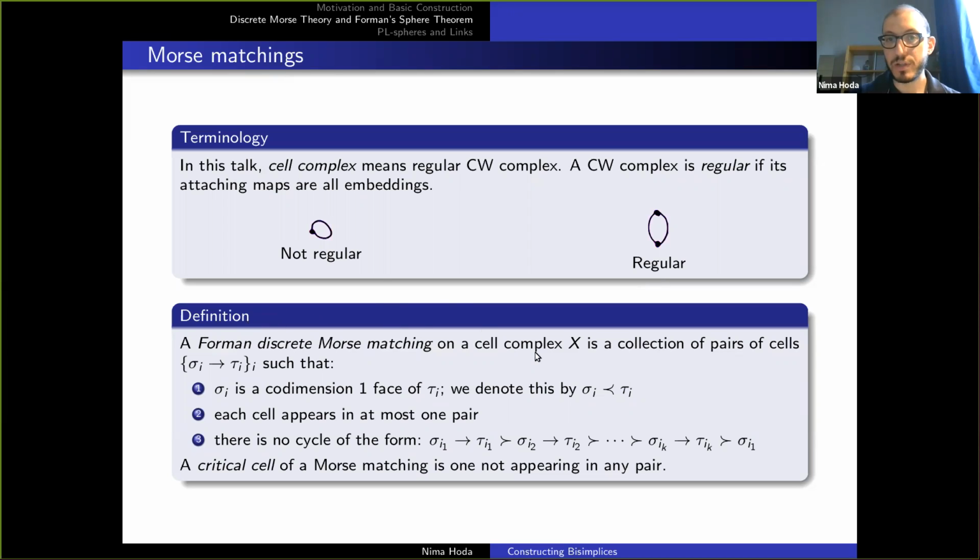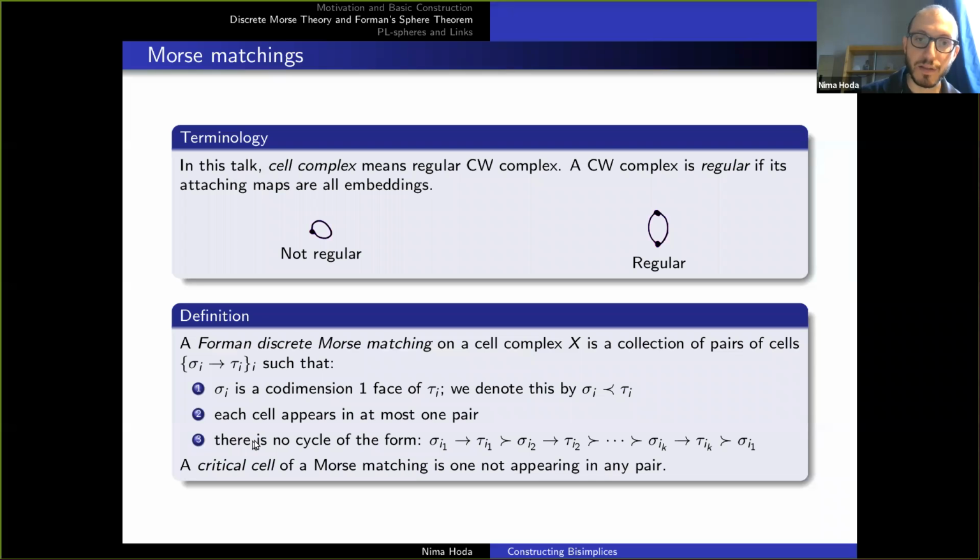A Morse matching on a cell complex X is a collection of pairs of cells, which I write sigma_i arrow tau_i, such that sigma_i is a codimension 1 face of tau_i, and I'll denote that by sigma_i less than tau_i. And such that each cell appears in at most one pair. That's why it's called a matching. It's kind of like a matching on a graph.